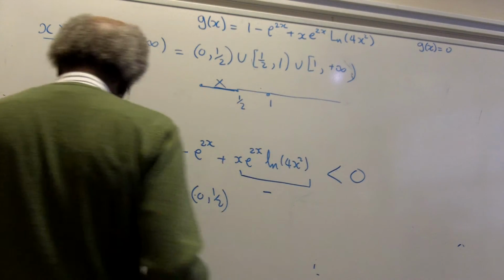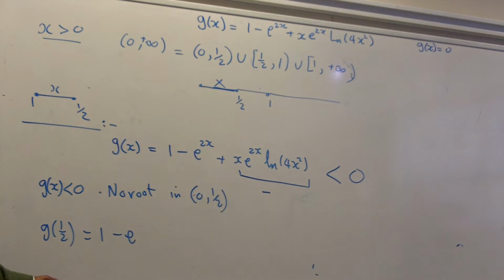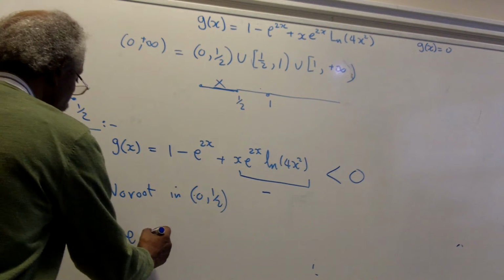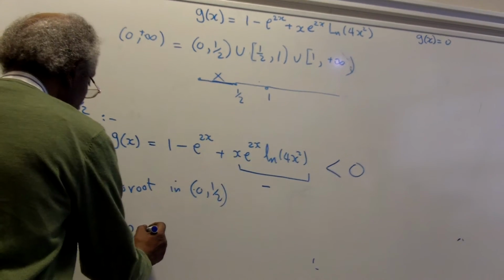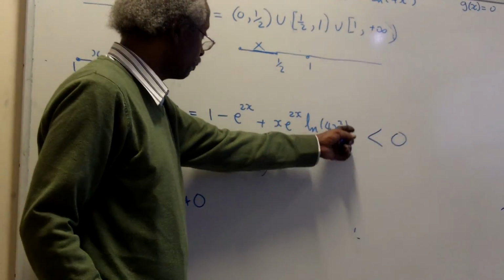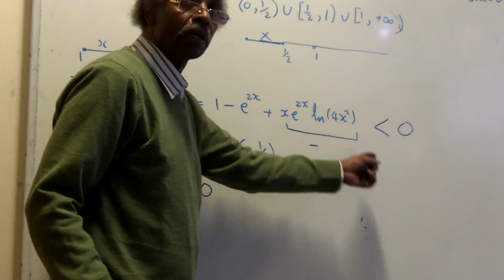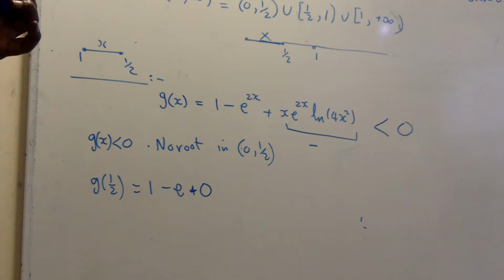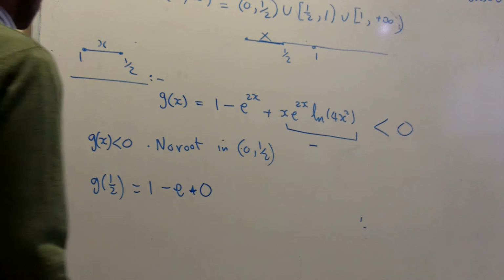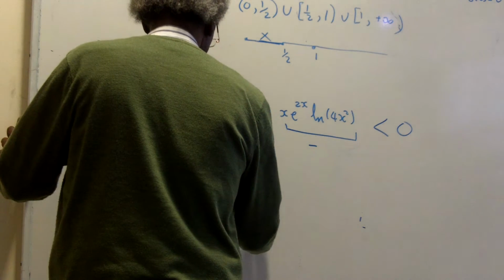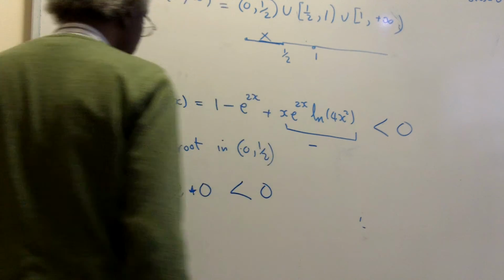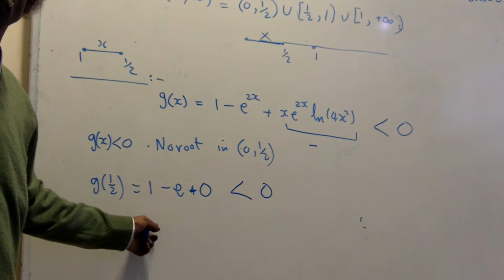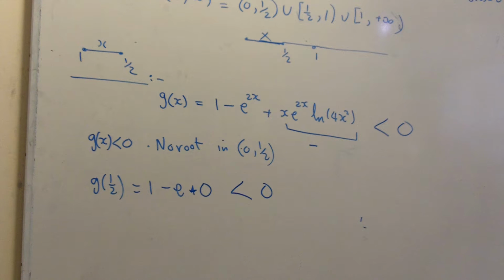Therefore the whole thing is g of a half equals this, plus 0. Because in the log, if I put a half here, I get 1 over 4, cancel the 4, you'll have 1 inside the bracket, and log 1 is equal to 0, and therefore the whole thing at the end is equal to 0. And this is less than 0 because e is greater than 1.